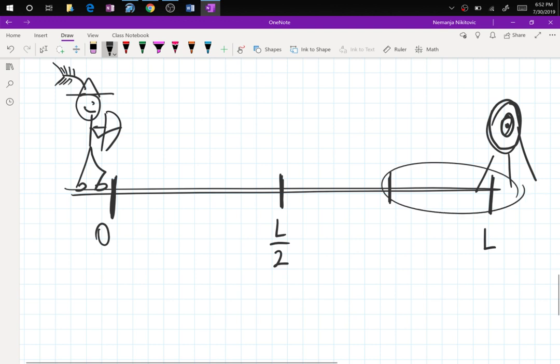Then you take the remaining path as a new path. The arrow covers half of the distance with another half to go. The remaining half. How the hell does it ever hit the target?